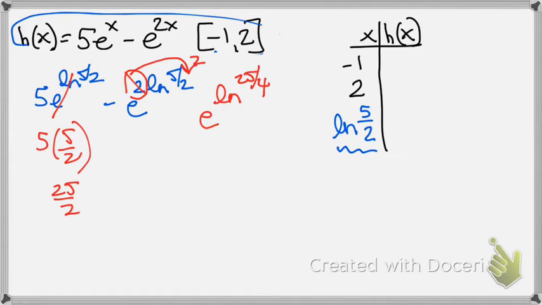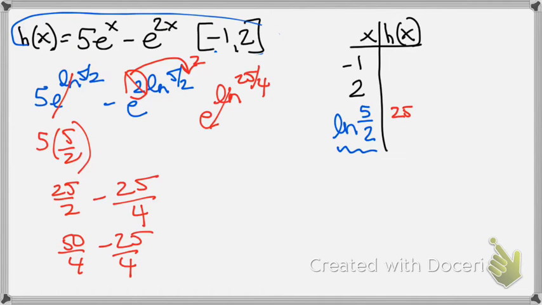But you may have forgotten that. Then the e and the ln undo each other, and you get this. Okay, get a common denominator, change them both to fourths, and it's 50/4 minus 25/4, which is 25/4. So you might have struggled a little bit with that one, but that's what's going on there. And at least if you used a calculator, I hope you could have gotten that.